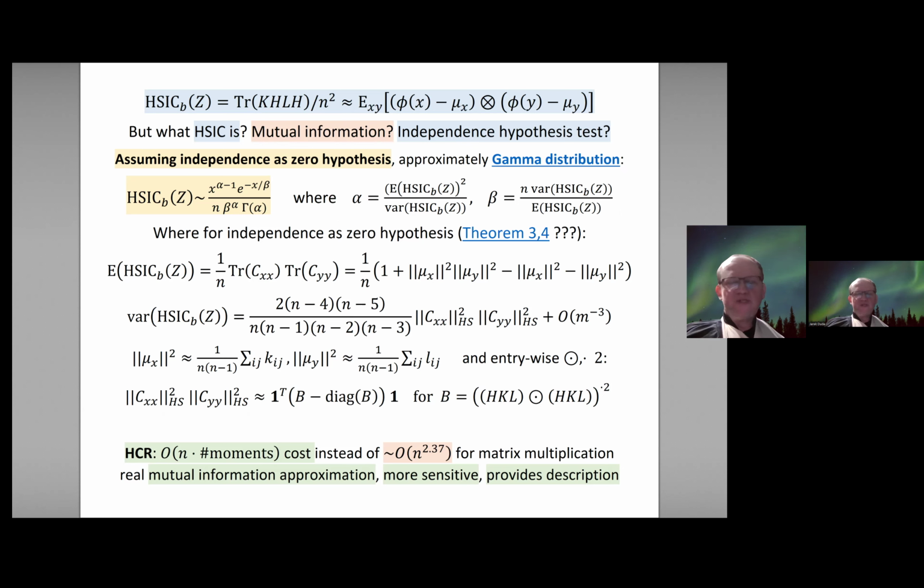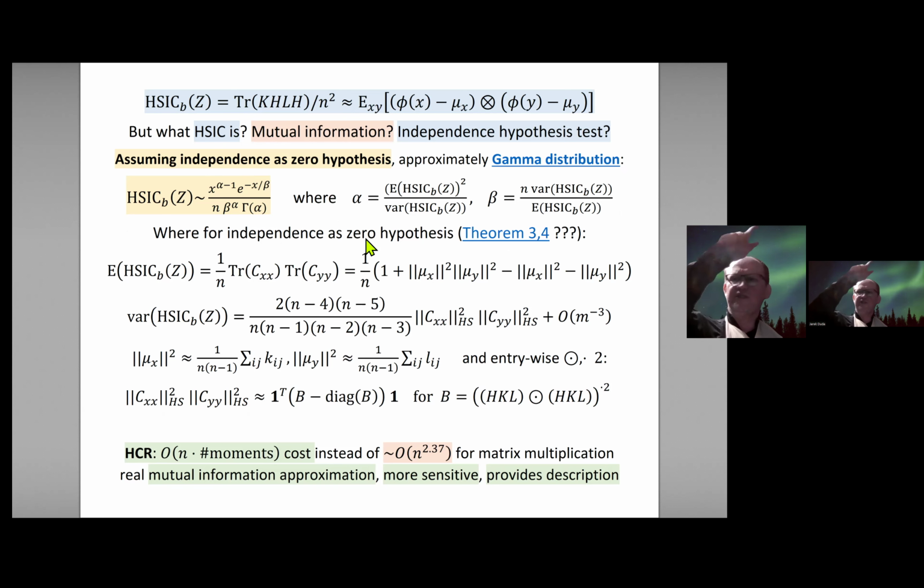But the basic application is the independence hypothesis test, to check if two samples are independent or not. For this purpose, we assume the null hypothesis that they are independent. Under this assumption, they show that it should follow a gamma distribution, and we can estimate its parameters from data.